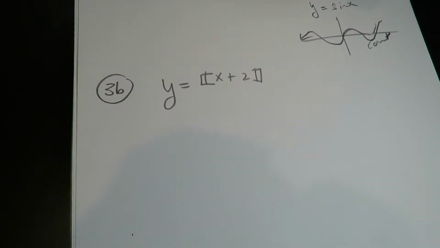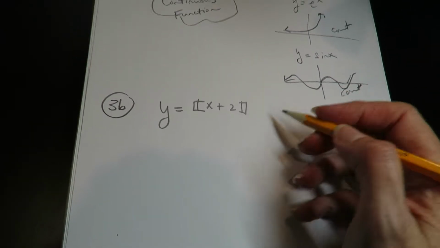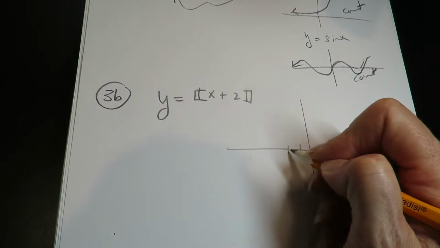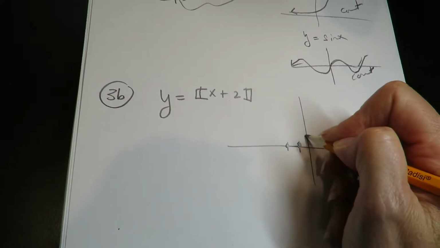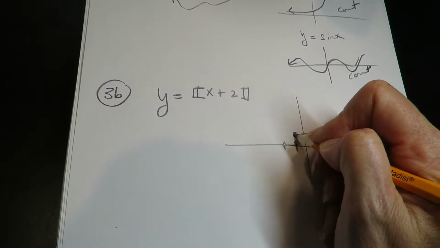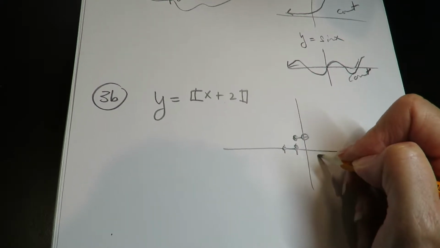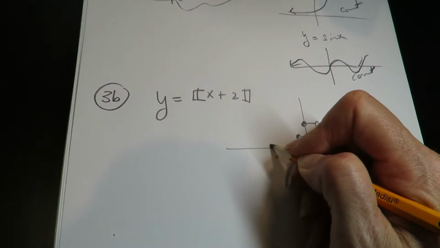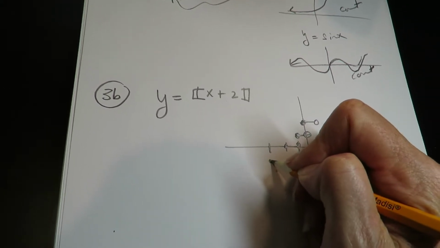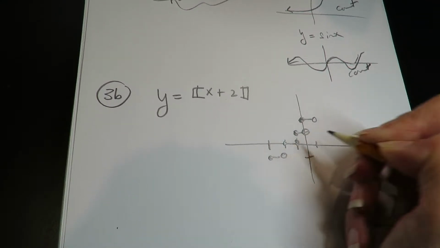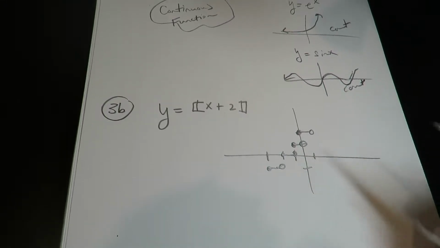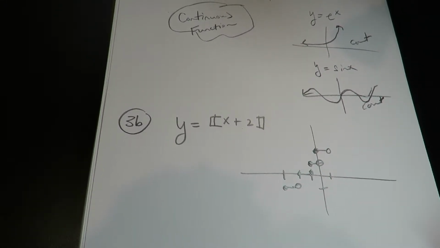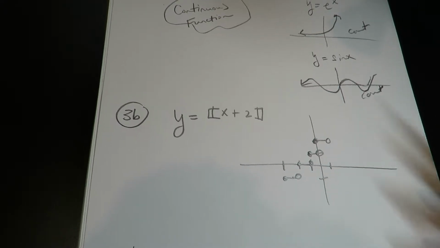3B, that is the greatest integer function, otherwise known as the step function. It is shifted 2 units to the left. For the standard step function or greatest integer function, it will jump at every integer.